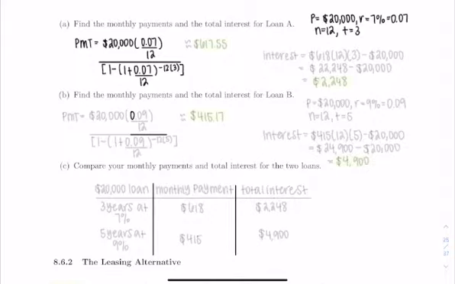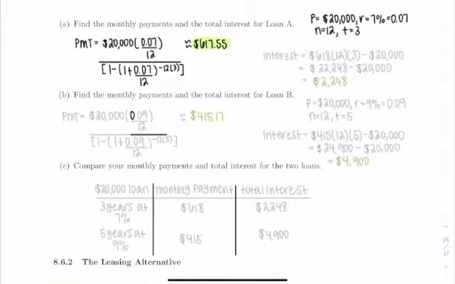Make sure you have your good calculator out, and this is going to give you approximately $617.55. So that's your monthly payment.